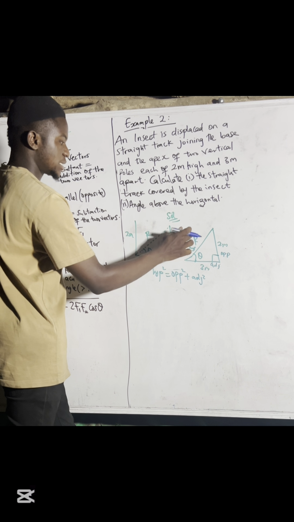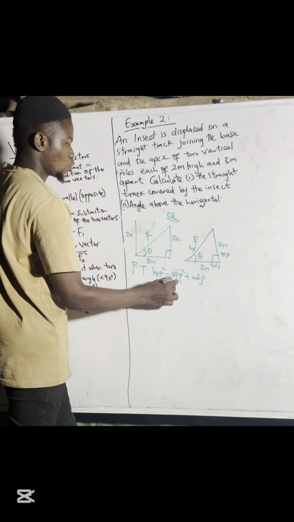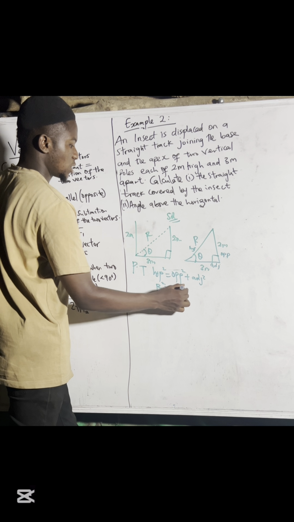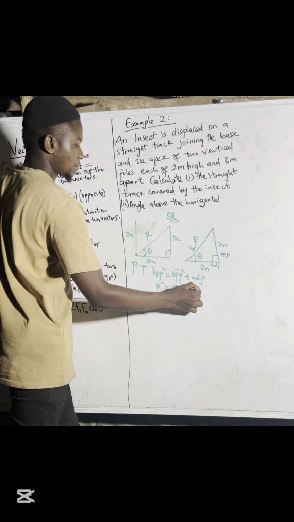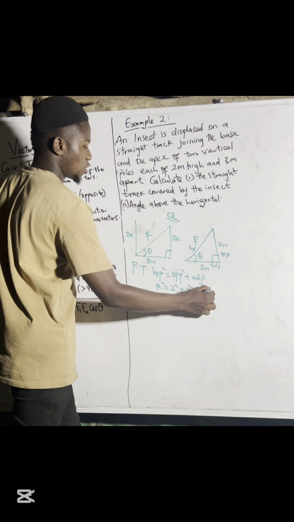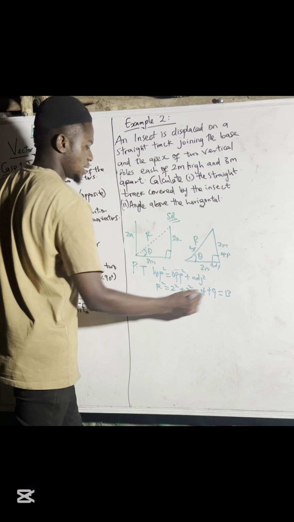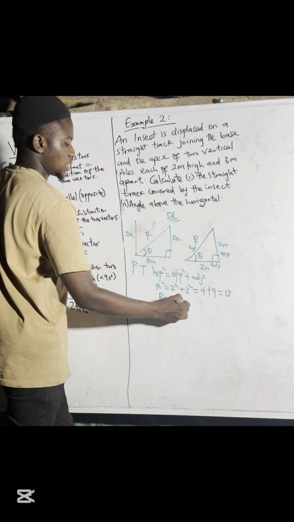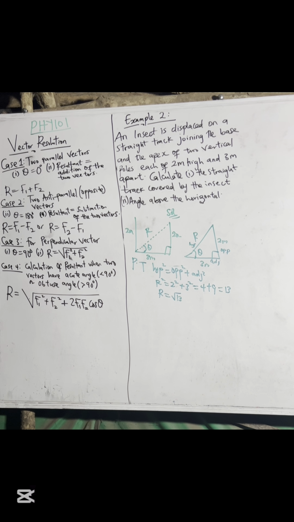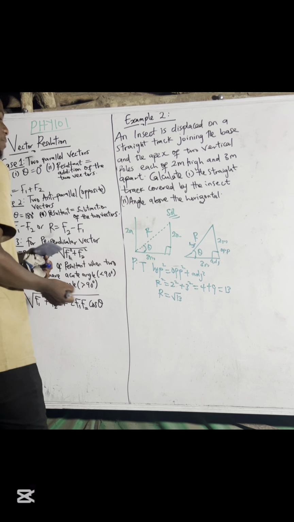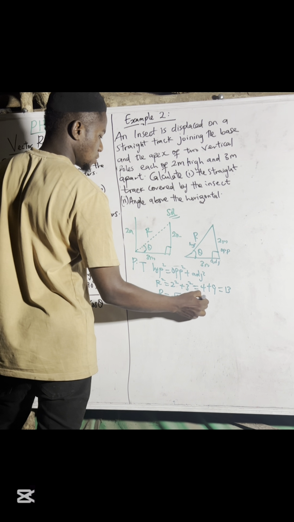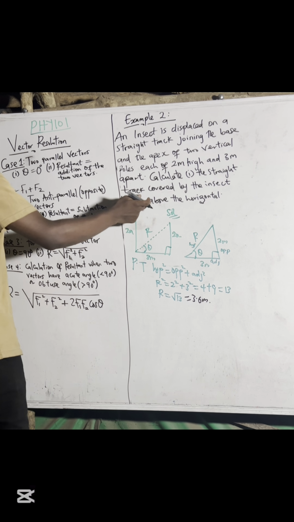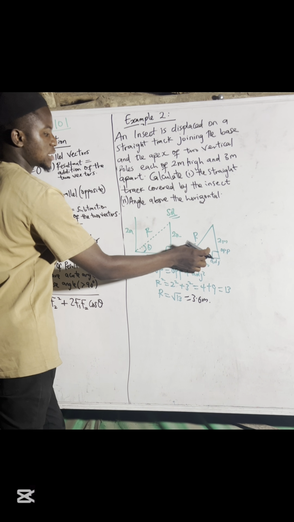Our hypotenuse is R. That is R squared equals opposite, which is 2 squared, plus our adjacent, which is 3 squared. That simply means 4 plus 9, and that equals 13. Then R is equal to the square root of 13. So root 13 gives us 3.6 meter.